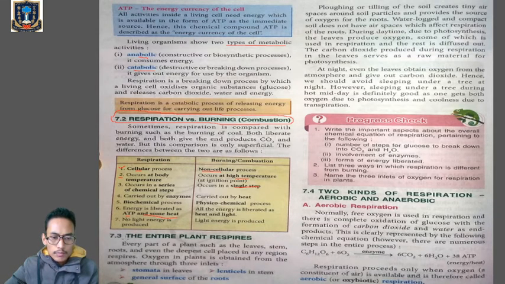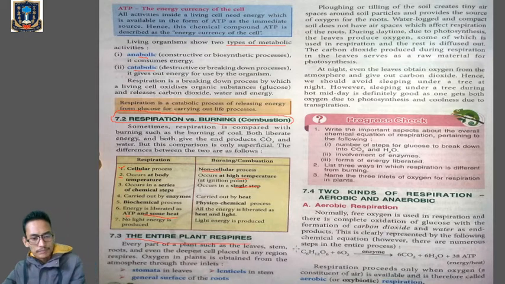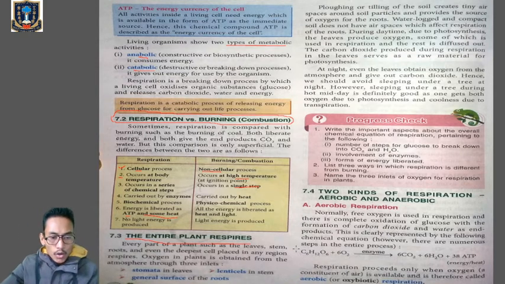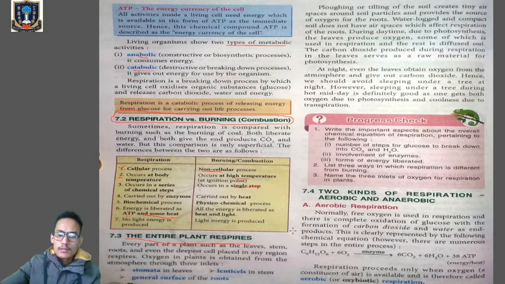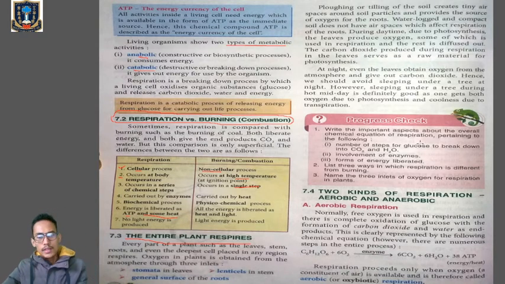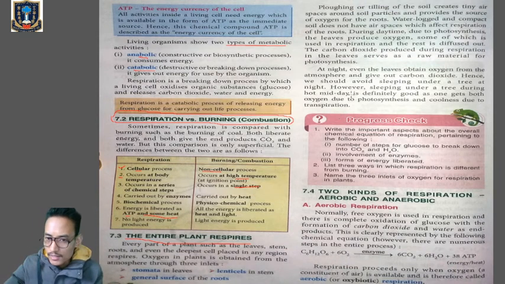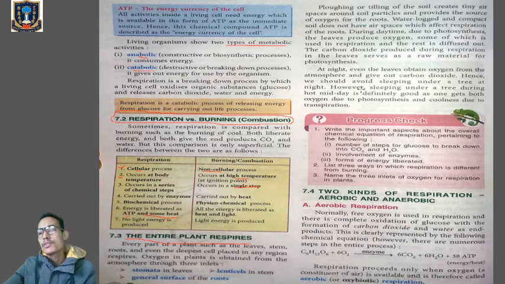Now the next point: the entire plant respires. So from which part of the plant is there respiration or exchange of gases? Oxygen in the plants is obtained from the atmosphere through three inlets. It is very important. From which parts of the plant is oxygen supplied to the cells? Generally you have learnt about stomata and lenticels. What do we mean by stomata?